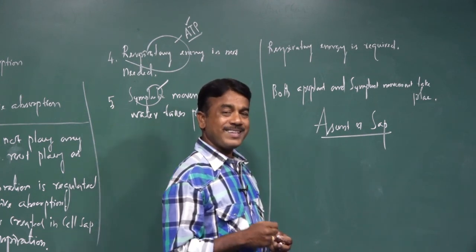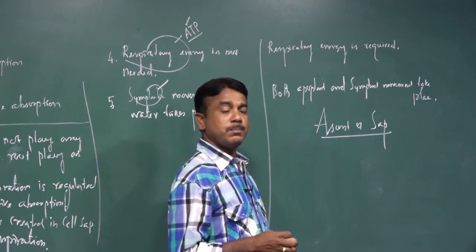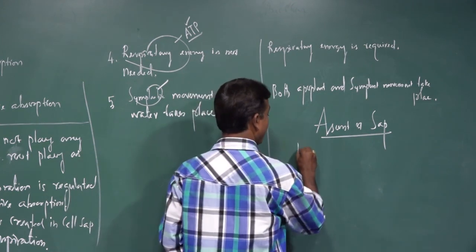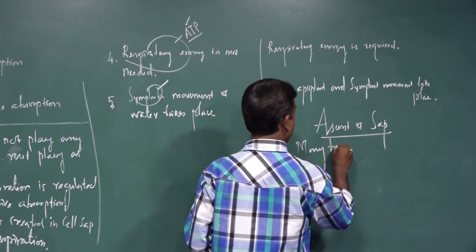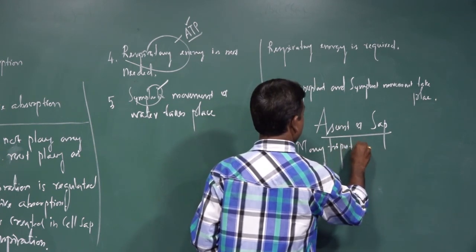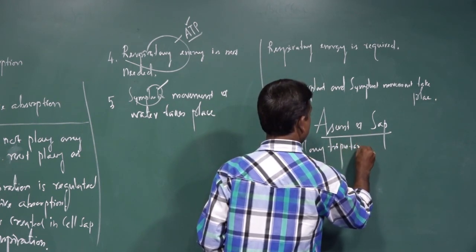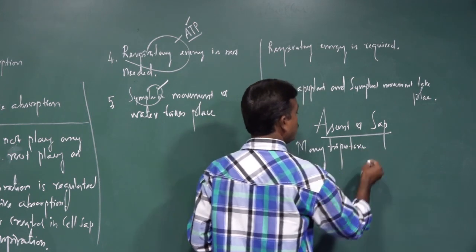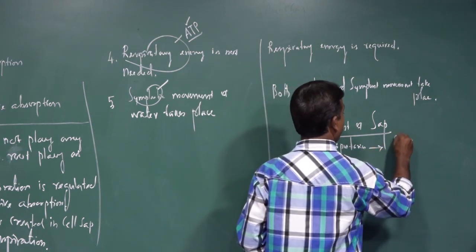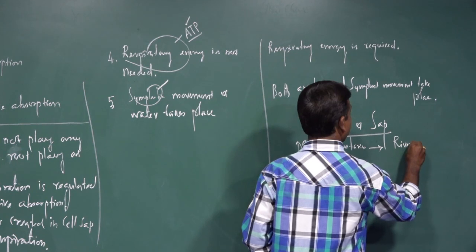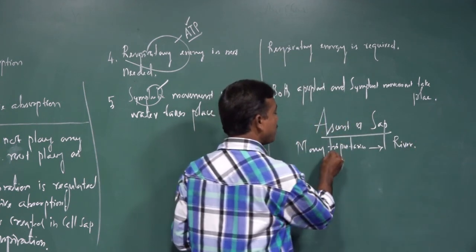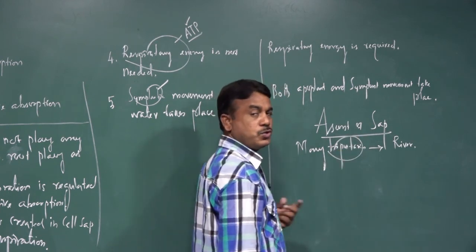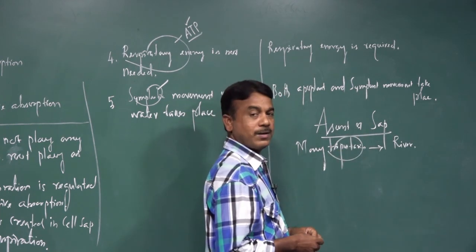Here the concept is like this: many tributaries join to form a river. What does that say? Many tributaries join to form a river.